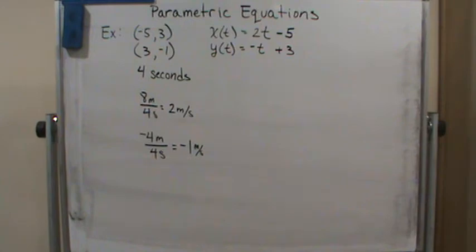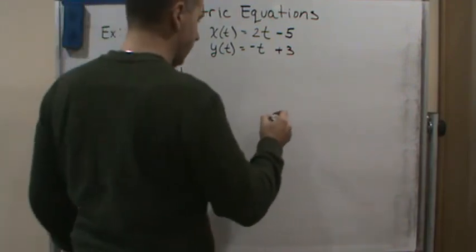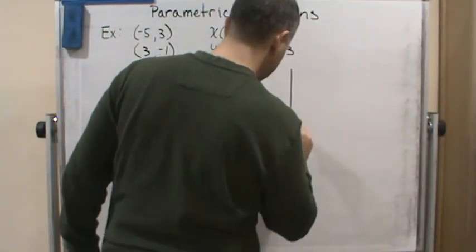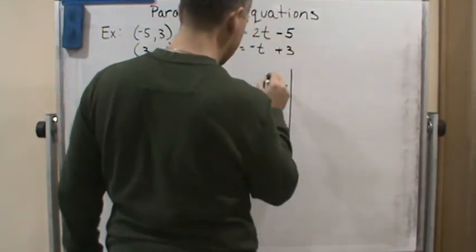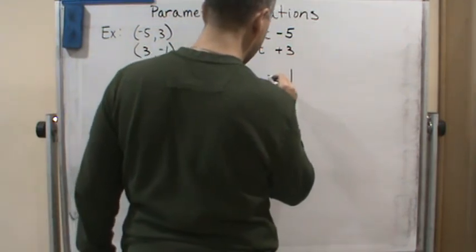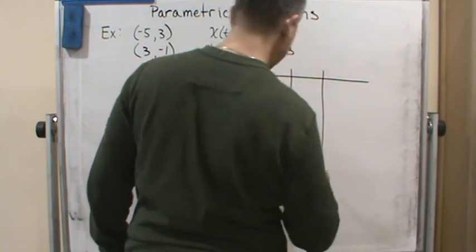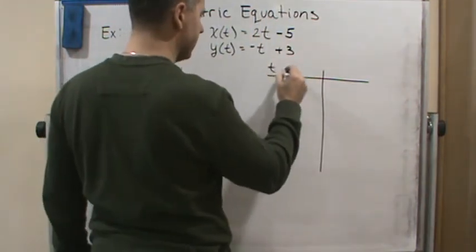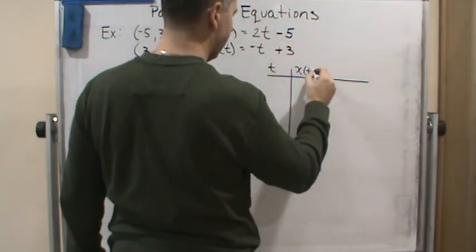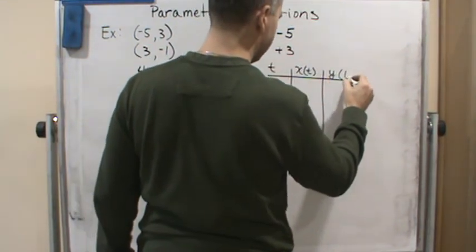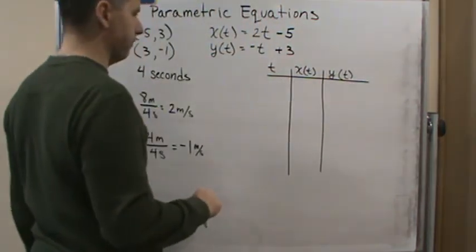And then we could use these parametric equations. Let's just go one step further. Here's our t, x of t, and y of t.